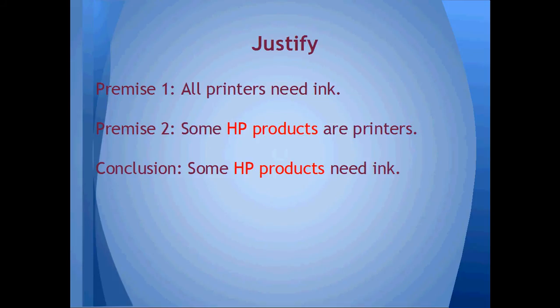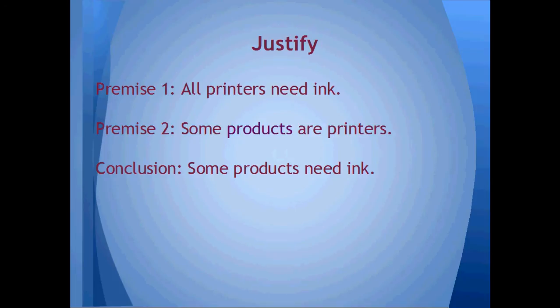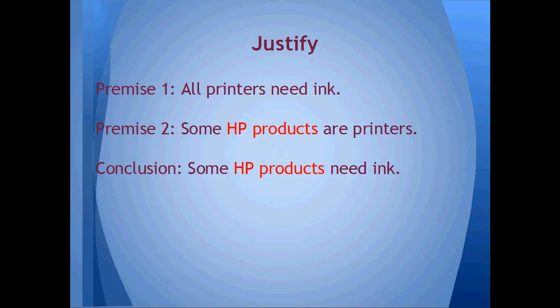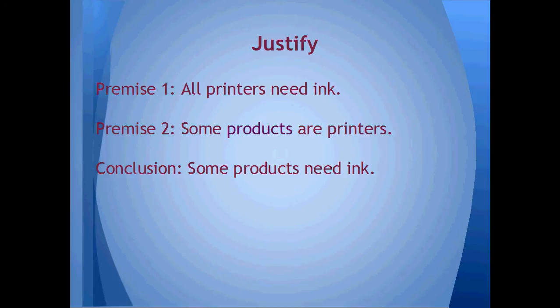Now here in premise 2 and the conclusion, HP products is relatively more precise than the terms in the next argument. So instead of HP products, we just have products. HP products is more precise because there are much fewer HP products than there are just products.